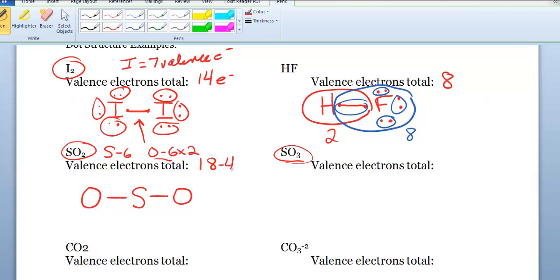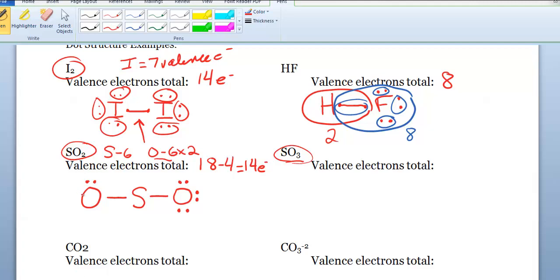That means I have used up 4 electrons, 2 electrons for each bond. That gives me a total of 14 electrons remaining to place around. My goal is to give everybody 8 electrons. So I'm going to start with the guys on the outside and make sure that they all have 8. I've got 14 to use up, and now I've got 12, 10 left, 8 left, and that gives that oxygen 8.